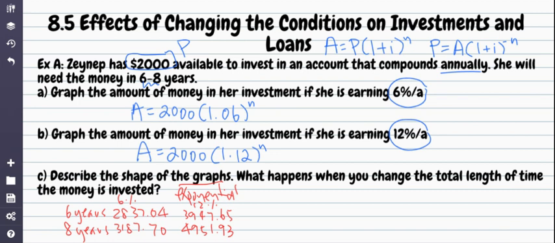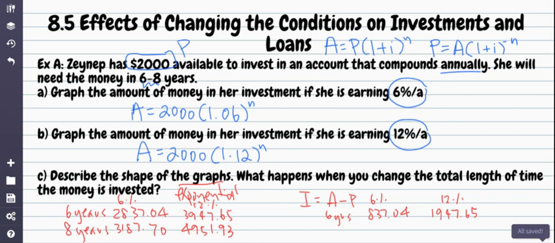So here you can see that we haven't quite doubled the amount, but if we think about the interest, remember that the amount of interest earned is A minus P, the final amount minus the principal. So at 6%, after 6 years, it's going to be $2,837.04 minus $2,000, so $837.04, versus the 12%, where she has $1,947.65 in interest earned.